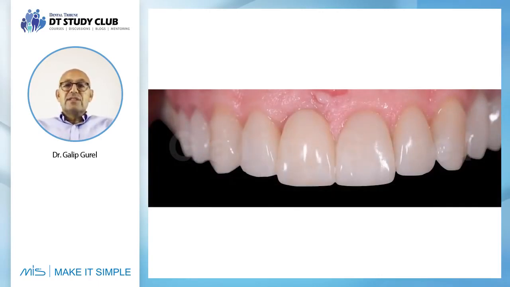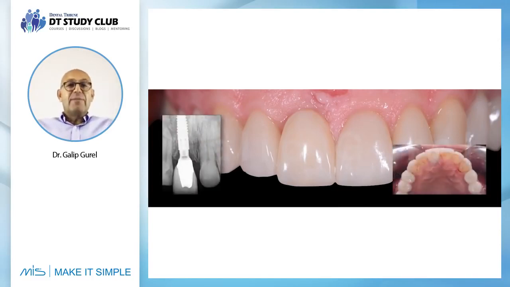Of course, the tissue needs maturation for a long time, but I think the shape of the tooth, which is, as a matter of fact, indicated by the soft tissue around it, just because we managed to keep the papilla on both sides and the buccolingual volume of this soft tissue, this is what plays an amazing role on the final outcome, the successful final outcome of this case.